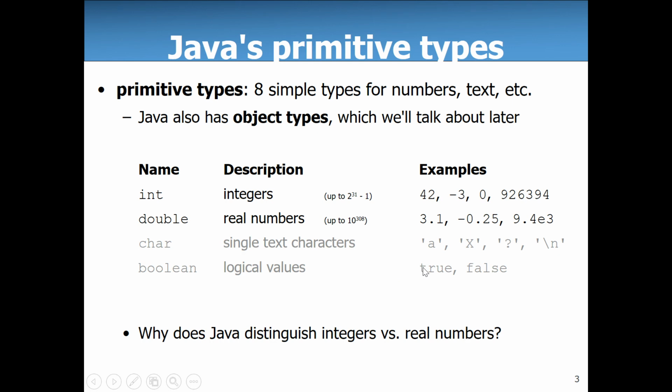If you're taking your math concepts class, we're going to do a bit about Boolean values here, which will be much easier than in your math concepts class. Why do we distinguish between real numbers and integers? Because they answer different questions. And because with integers, the math works out better.